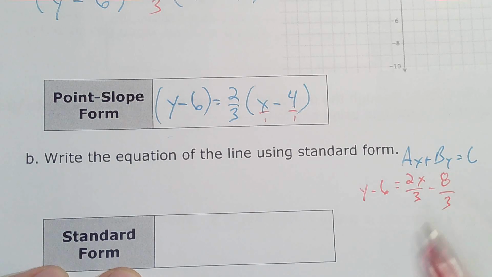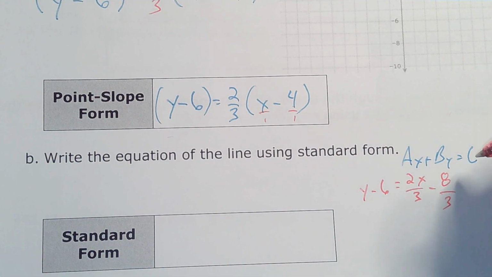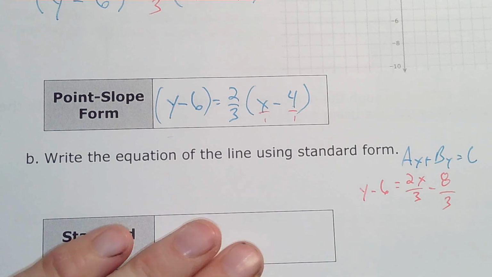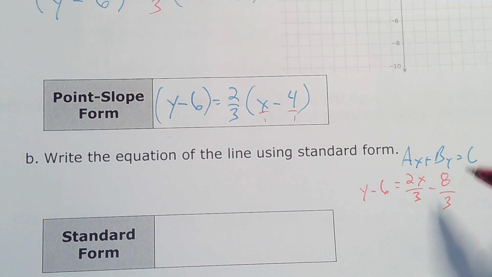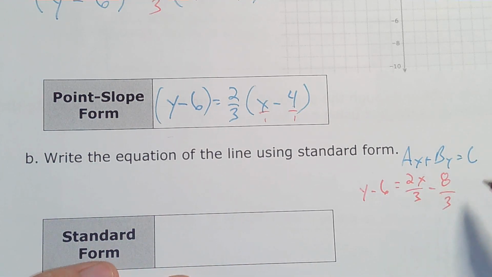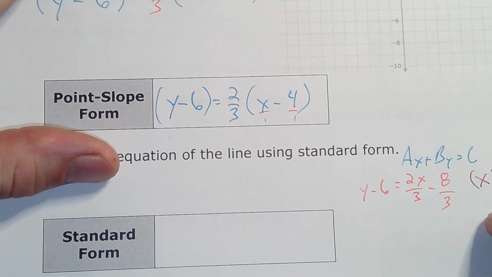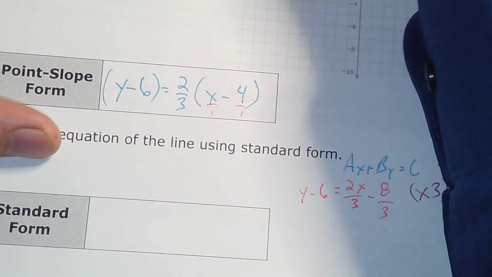All right, so ax plus by equals c doesn't give us the opportunity for any fractions, so we're going to multiply everything by the biggest denominator, which is 3. So I have purple parentheses to indicate multiplied by 3.